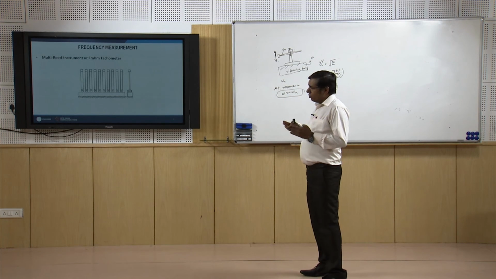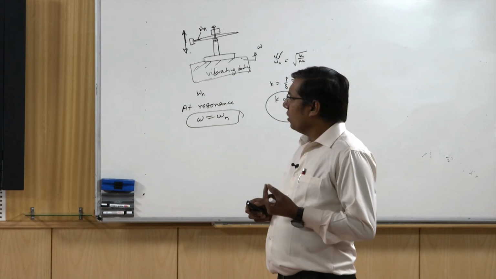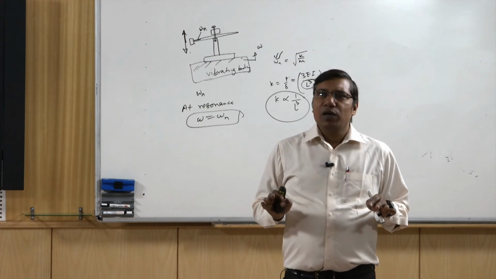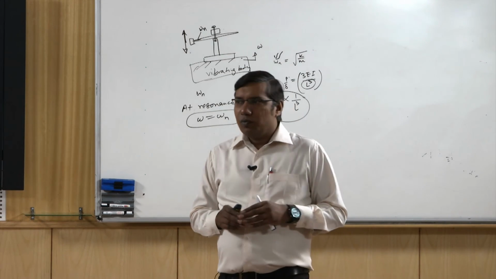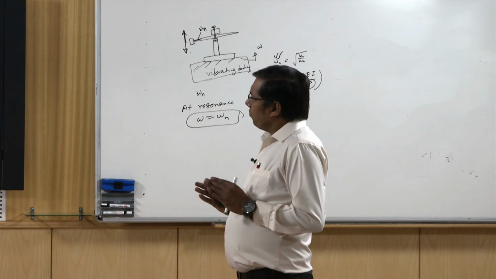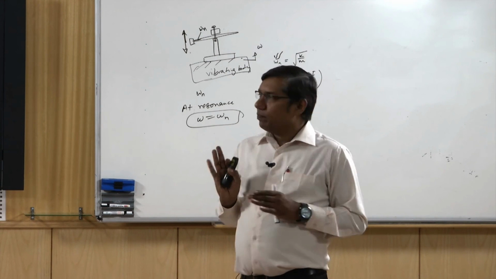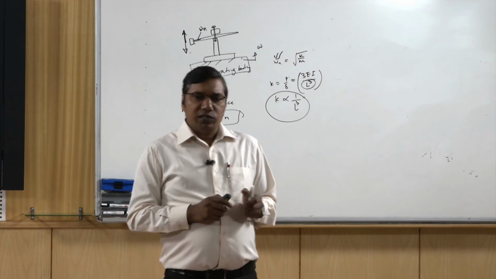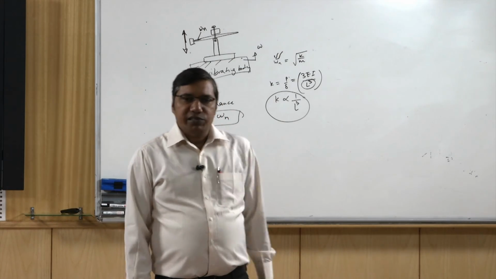The mass which has a frequency close to the structural vibration will vibrate, while the other masses will not vibrate with that much amplitude. From here we can know the frequency of the structure, close to the omega n of that particular cantilever, and so we get the vibrating frequency of the structure.